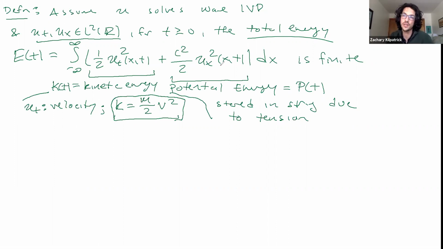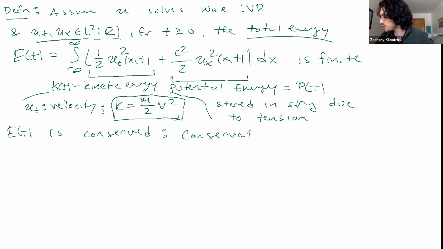So just like you'd expect for any conservative physical system, if I capture all of the contributions to energy, they should always sum to a constant, or their time derivative should be 0, okay? So the point that we're going to show is that E of t is conserved, okay? In other words, this is our conservation of energy, okay?